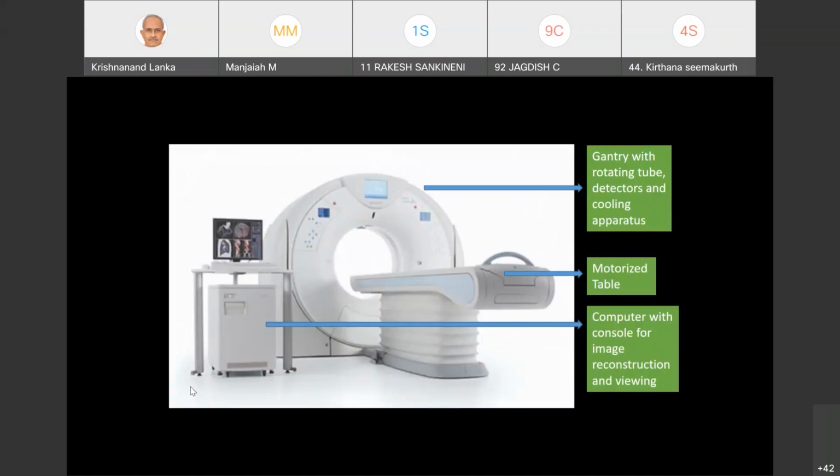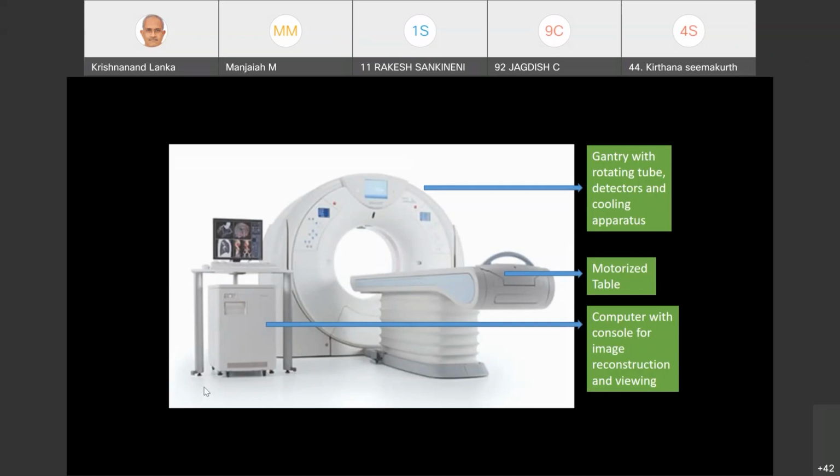MRI also looks almost the same, but MRI is totally based on a different strategy, and we will not be using MRI for our additive manufacturing, because MRI concentrates more on muscle, whereas CT concentrates more on bones.